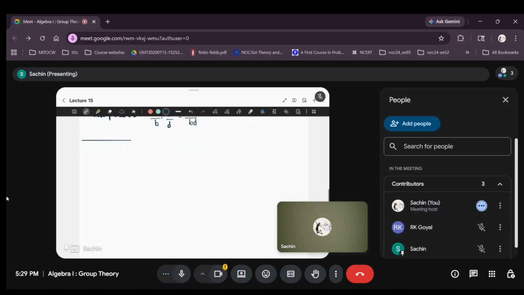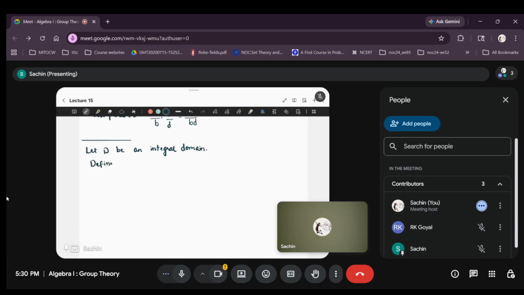So let's see. Let D be an integral domain. You'll have to hammer into your brain the notion of an integral domain. It is simply a ring in which the product of two non-zero elements is non-zero. And the only way to get a zero product, the product of the two elements to be zero, is if one of the elements is zero. So let D be an integral domain.